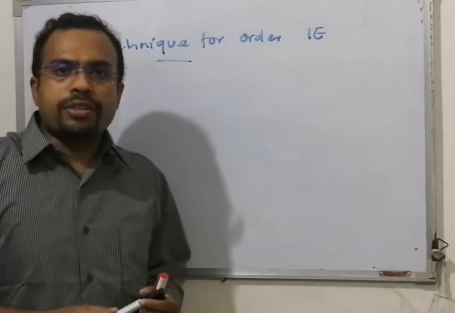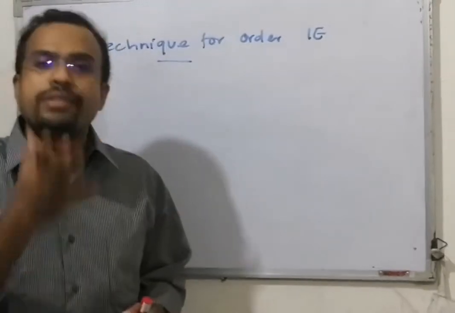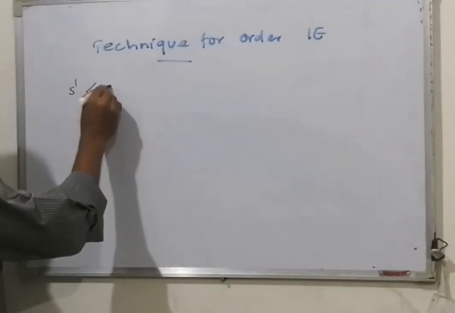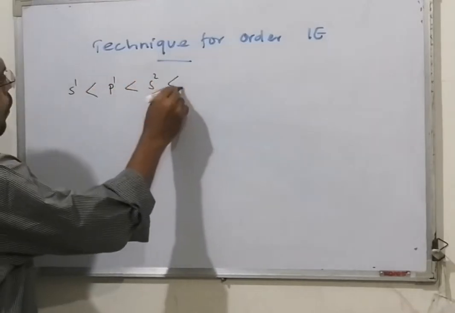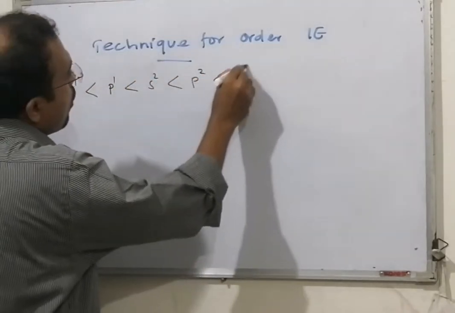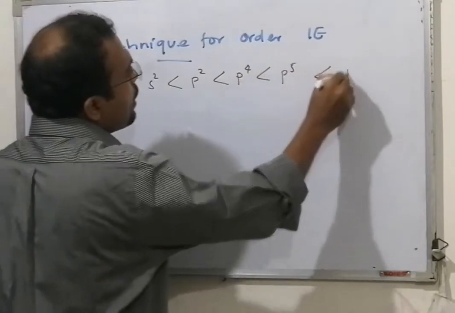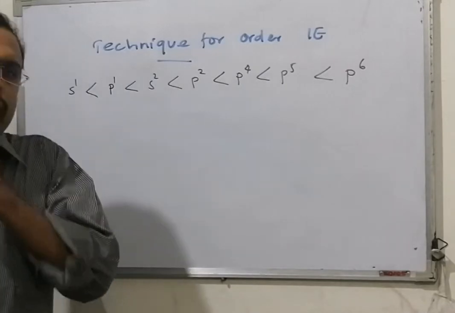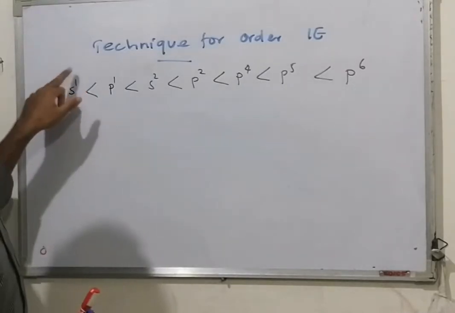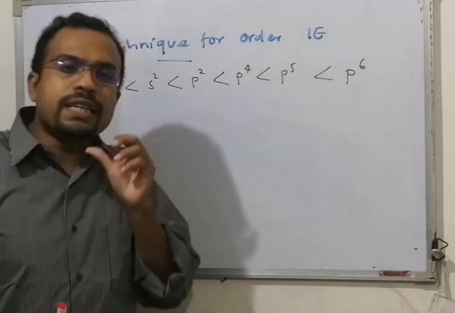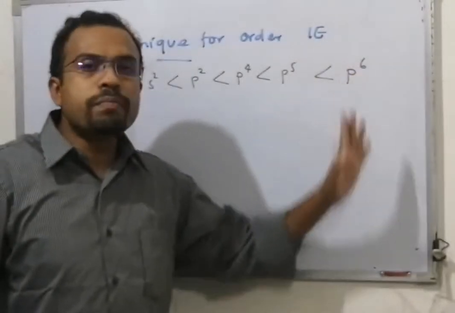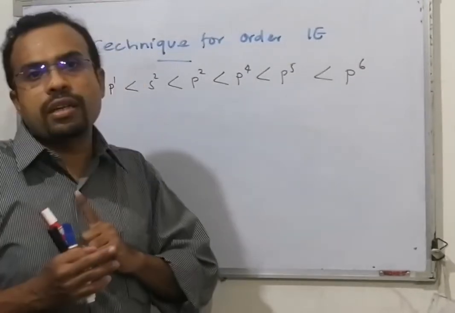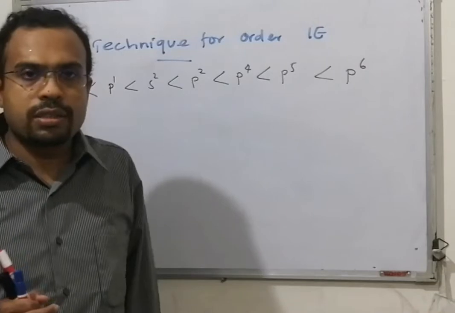If you can write the electronic configuration very simply, then this is the order: S1, P1, S2, P2, P3, P4, P5, P6. Ionization energy will be very low if an electron is lost from S1. Ionization energy will be very high if an electron is lost from P6. Whether it is first ionization energy or second ionization energy.